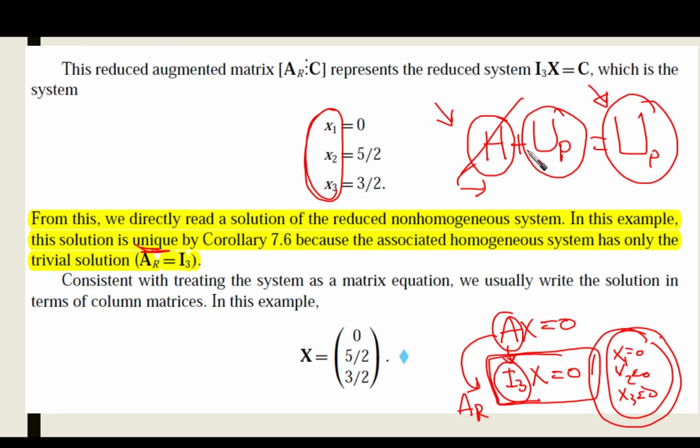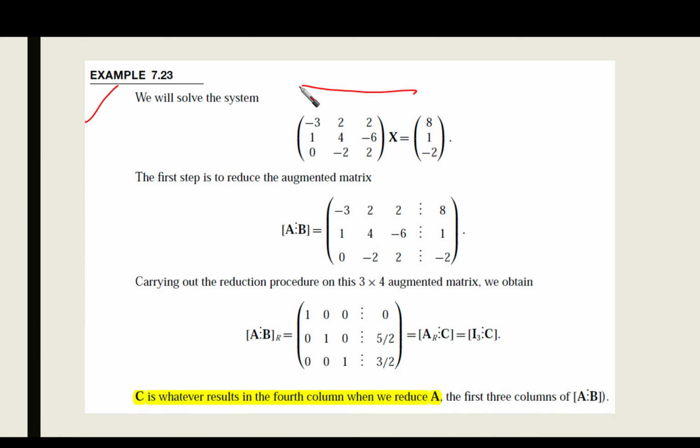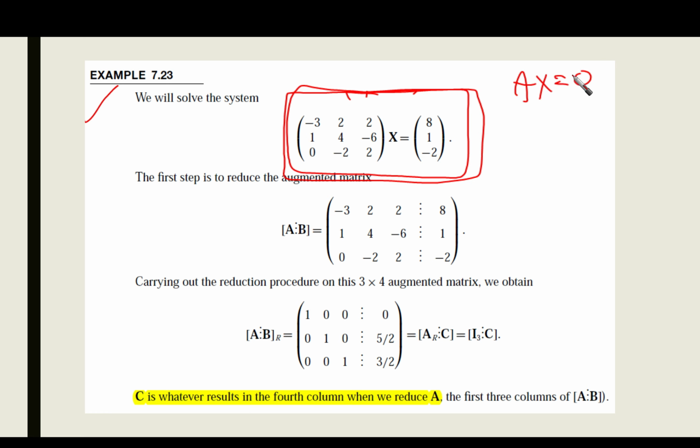Okay, so the reason that this non-homogeneous system has a unique solution is that the associated homogeneous equation, AX equals 0, has a general solution equal to the trivial solution, which is 0.